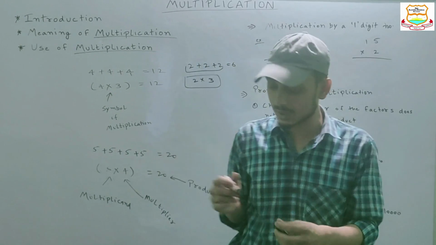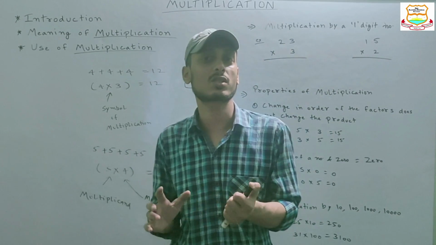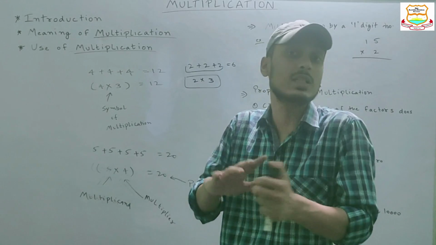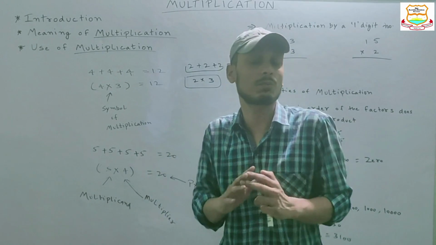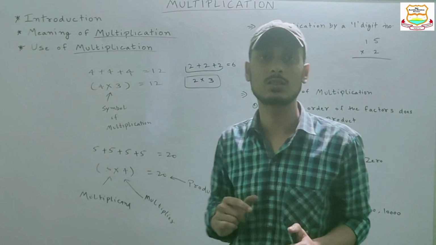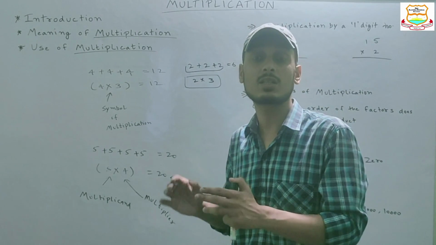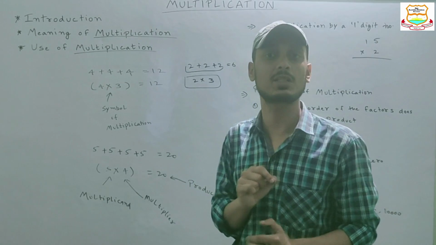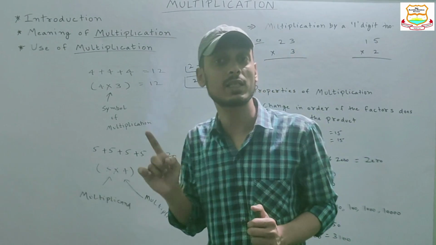So we see from here that multiplication is not something completely new or different. It is similar to addition. It is a special case of addition. And what is that special case?